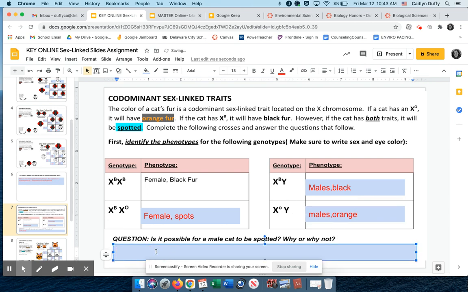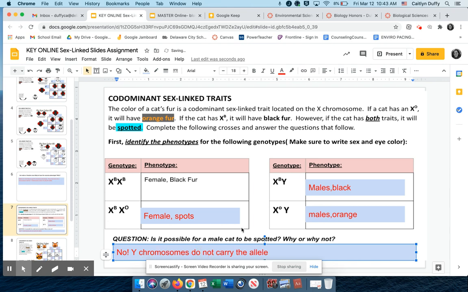Why or why not? No, it is not possible, because in order for it to be spotted, it has to have B and O. It is not biologically and genetically possible for a male cat to inherit a B and an O because Y chromosomes do not carry the allele.